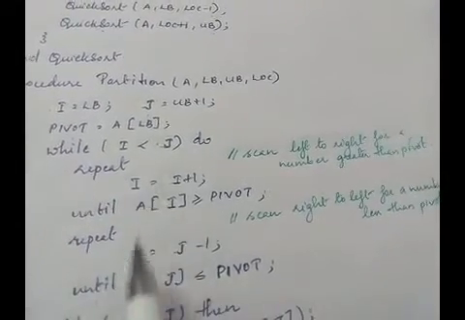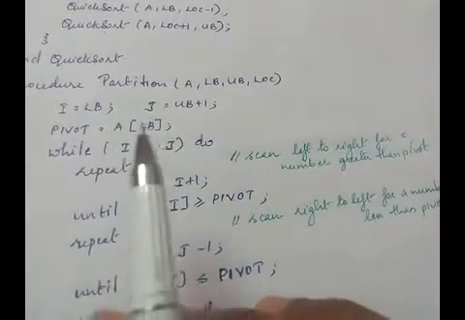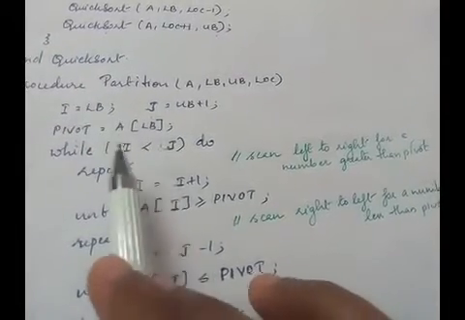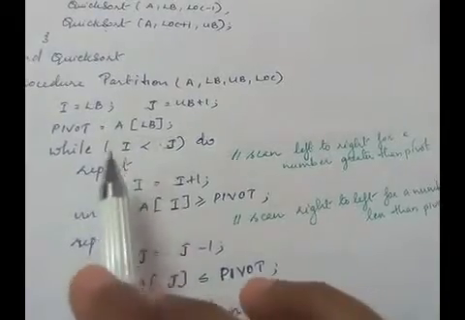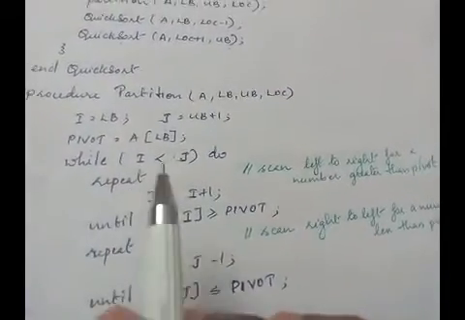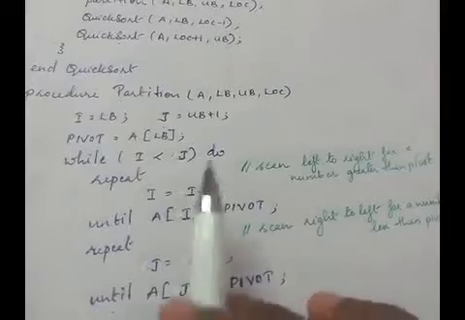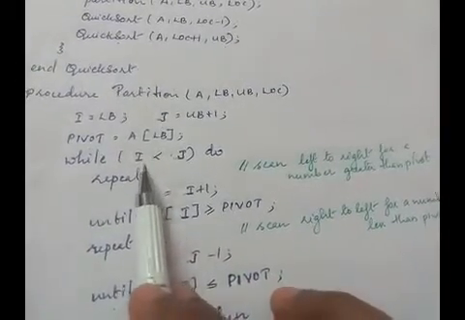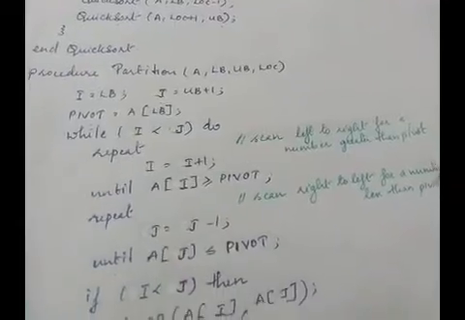And these two steps are to be done until I is greater than j. That is, when I and j cross each other, we have to stop the scanning. So that is enclosed within the while loop where the condition is I less than j.